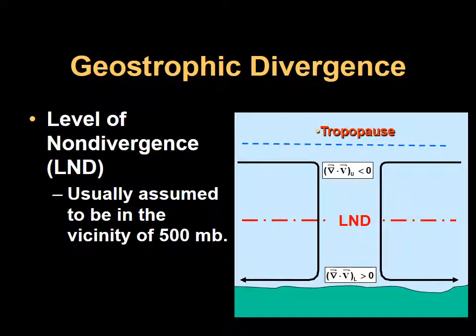So the level of non-divergence is the middle of the atmosphere. Typically, we assume it to be about 500 millibars. Above that, you have convergence and divergence near the tropopause and the jet streams. Down below it, you've got convergence and divergence near the surface because of frictional effects.